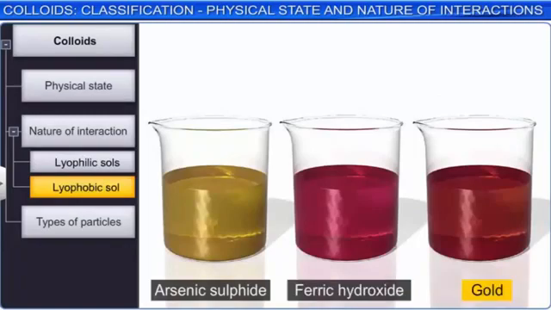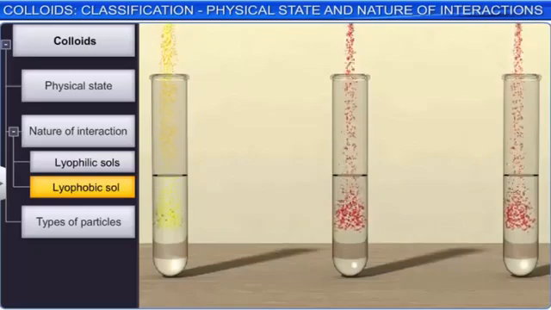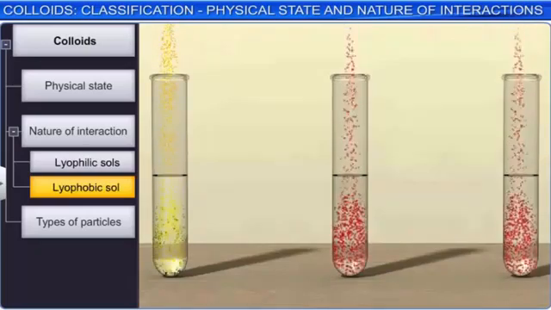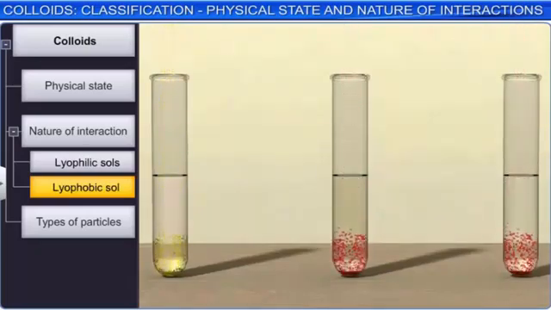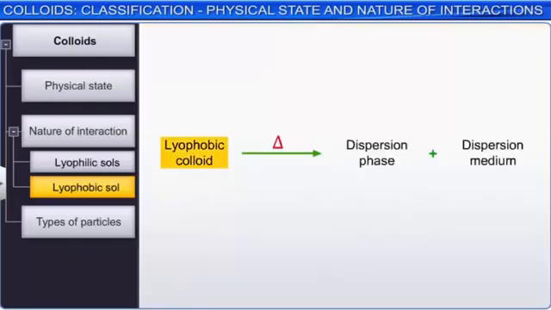These metals are sparingly soluble, and thus their molecules do not pass readily into the colloidal state. Lyophobic colloids are also known as irreversible colloids because the residue obtained by evaporating the dispersion medium cannot be converted back into a sol through ordinary means.